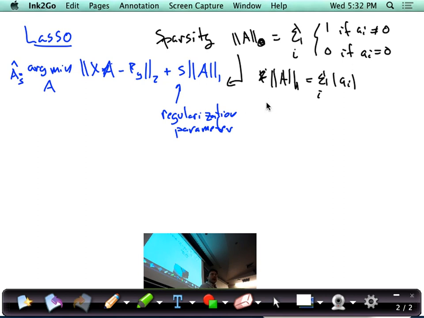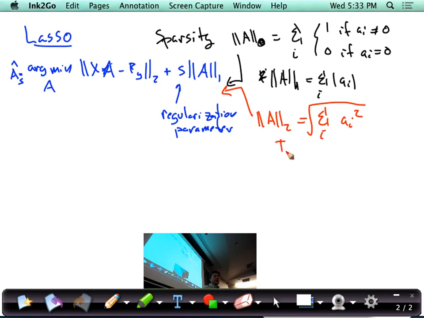If instead, and we mentioned this in the first lecture on regression a few weeks ago, I use the A2 norm, and remember this is the square root of the sum of a_i squared, then this is still going to bias the solution, and this actually still gives some enhancement because of the bias as well, but it's not going to get sparsity.